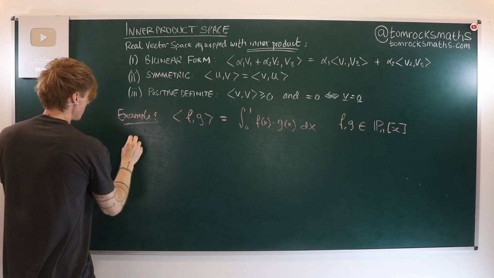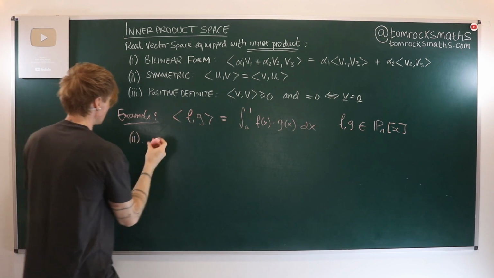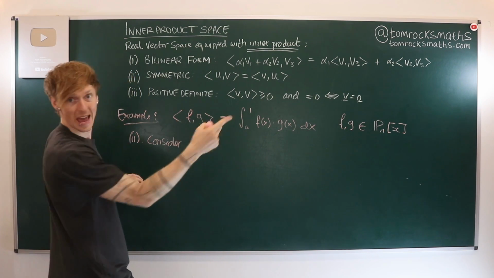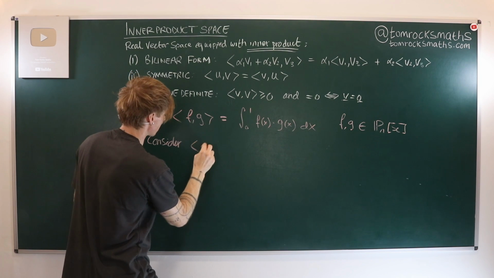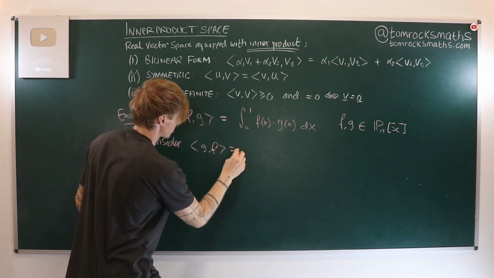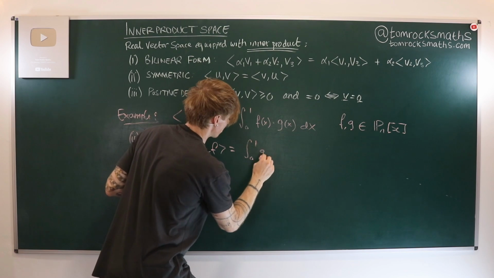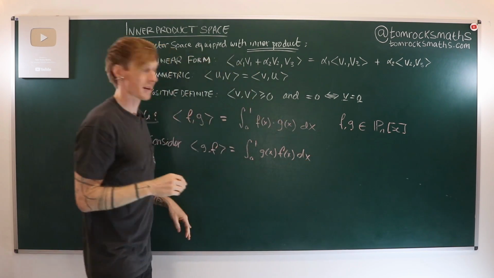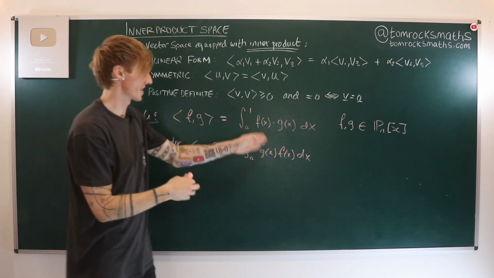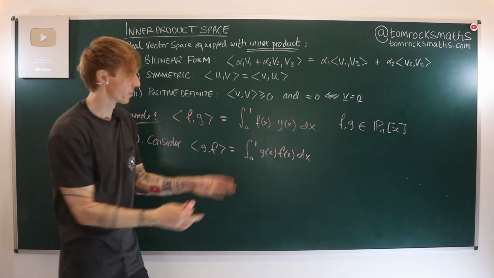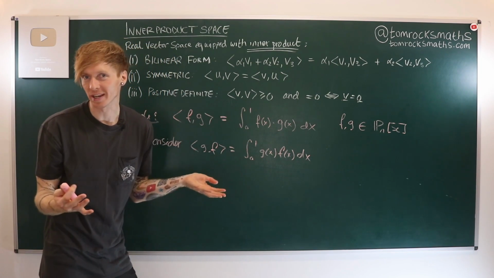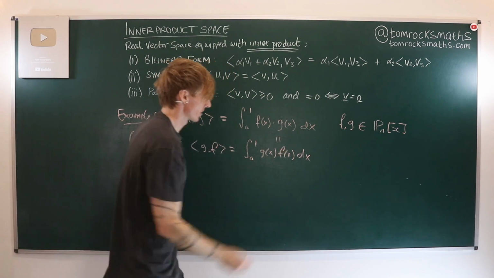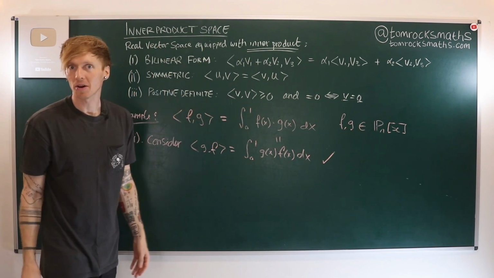So if we consider trying to show that it's symmetric, so number 2, and if we consider fg is defined like so, and now I consider the gf inner product, which is the integral from 0 to 1 of g of x times f of x dx. Then by the properties of integrals, we can see that these are very clearly the same. We can multiply our functions in any order and we will get the same answer. So these are equal, so we can say symmetry is going to hold.